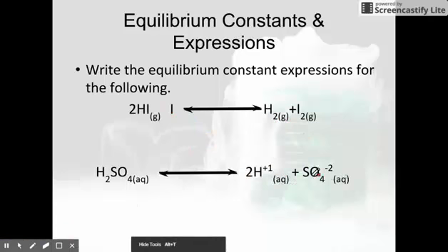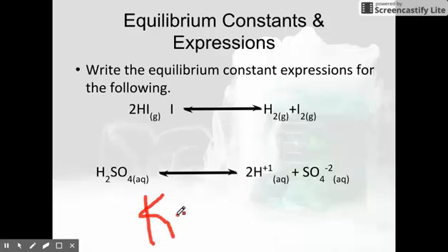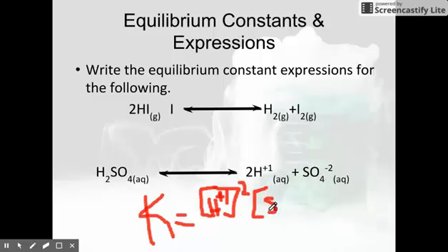So again, I have some aqueous substances, so they're all going to be included. So it's always your products over reactants raised to their coefficient. So I have hydrogen ion, raised to its coefficient squared, times the next product, SO4, the sulfate ion.